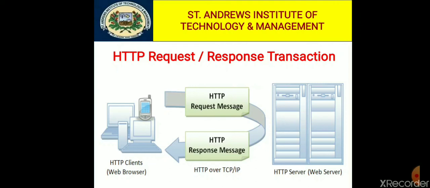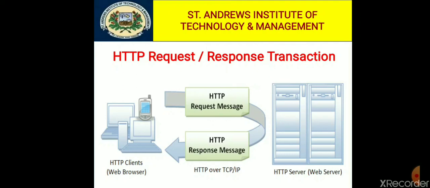Then it sends the request to whom? The web server. If the request is accepted by the server, then the server responds. And if the server responds, then the connection is connected. After the request of the client is completed, the connection is released. So these are the steps involved in the HTTP request and response transaction.